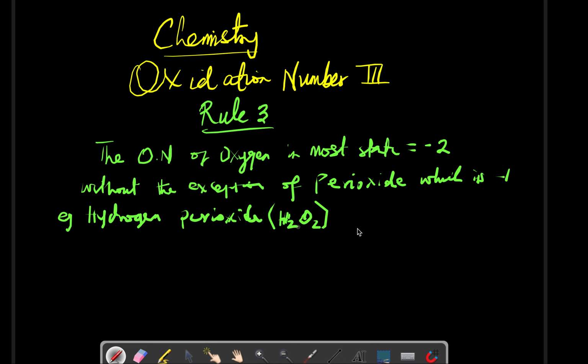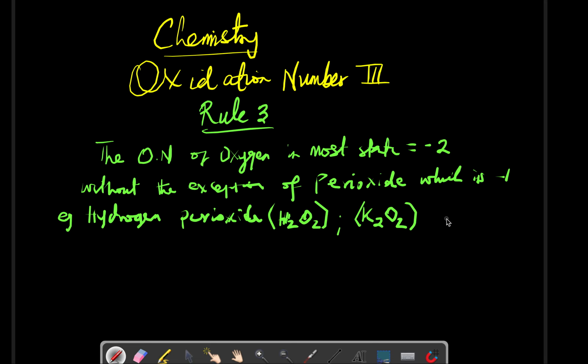Even when you deal with potassium, I will just write the short formula of potassium peroxide like this. In this case, the oxidation number of oxygen is -1.